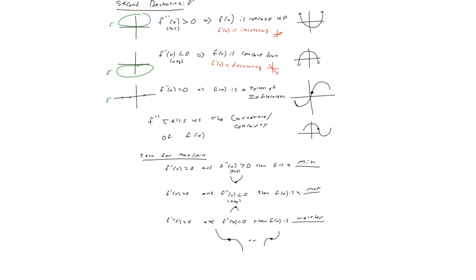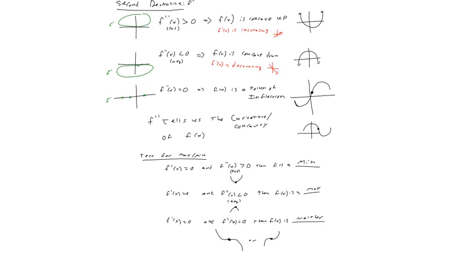We can figure out what the derivative looks like, and then from the derivative, what the second derivative looks like. So we can get some pictures of these graphs now. We can use that to sketch some curves. So we're going to do a little curve sketching.